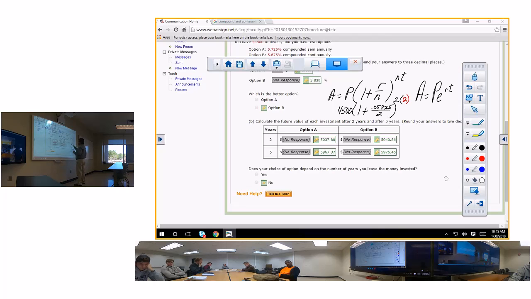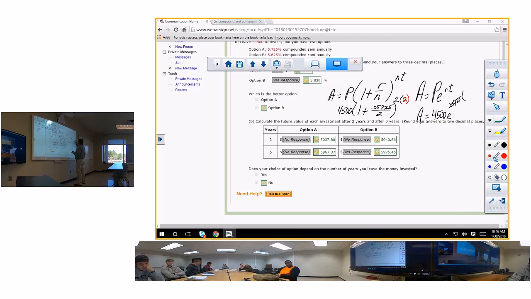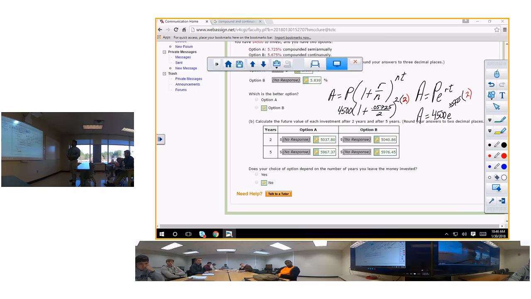And here A is equal to 4,500 E to the R, 0.05725, and T is 2. Now crank those out in your calculator, and you should come up with 5037 and 5040.